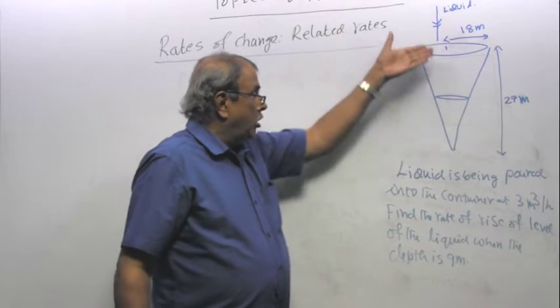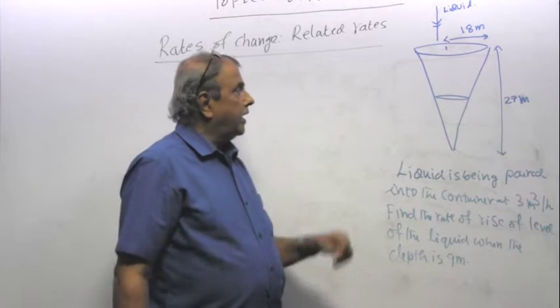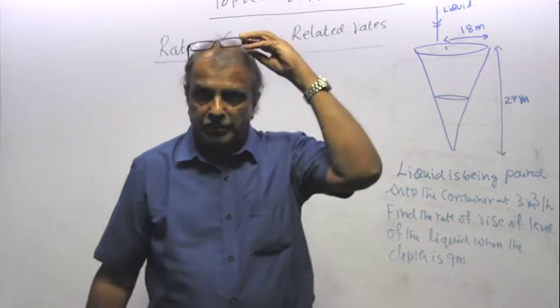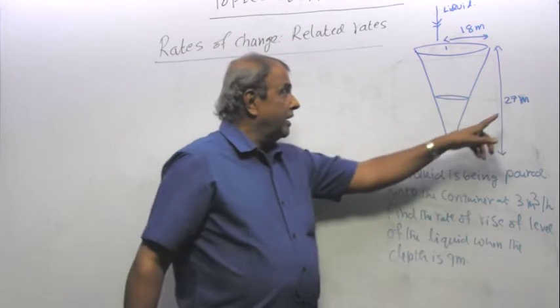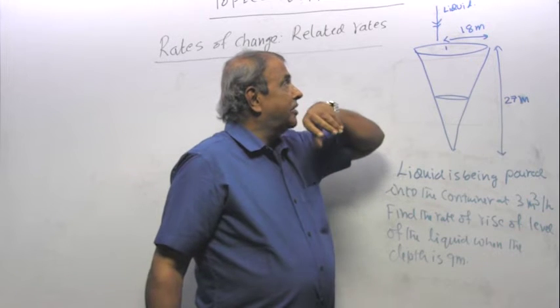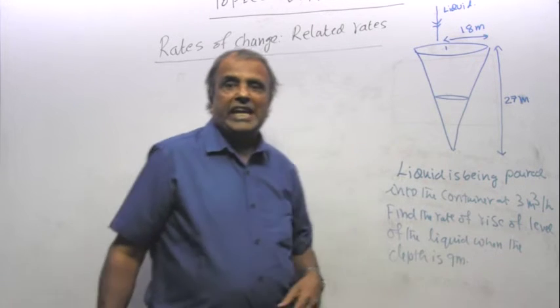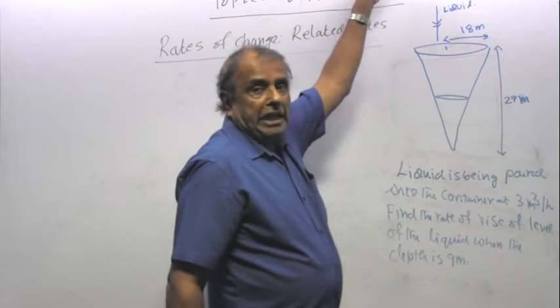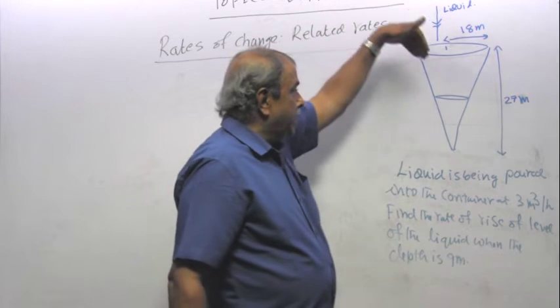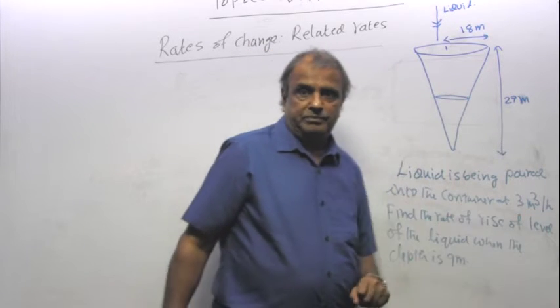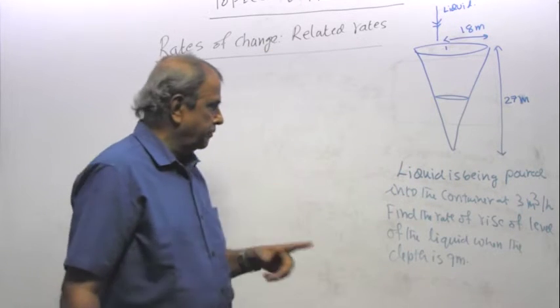A big hollow right circular cone shaped storage facility is 27 meters high and its base radius at the top is 18 meters. Liquid is being poured in at 3 meter cube per hour. Everything is per hour.